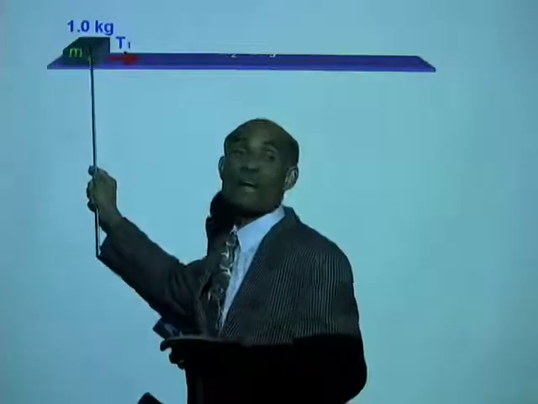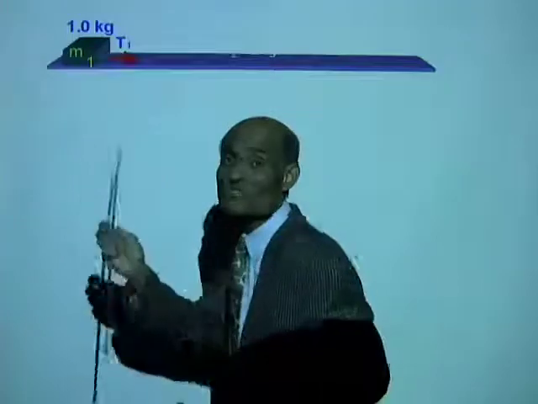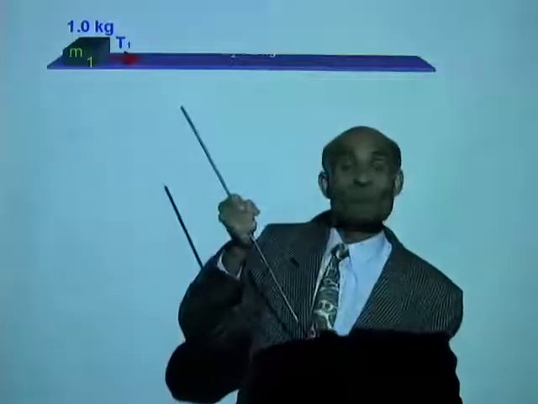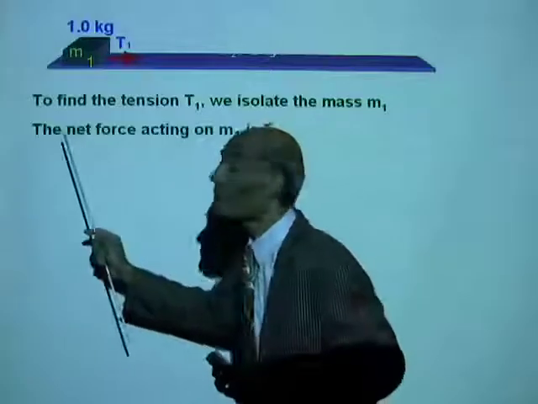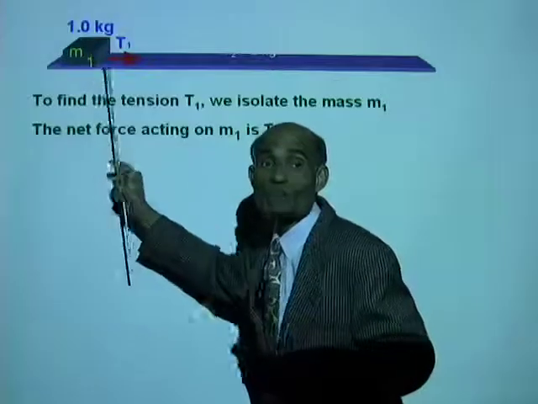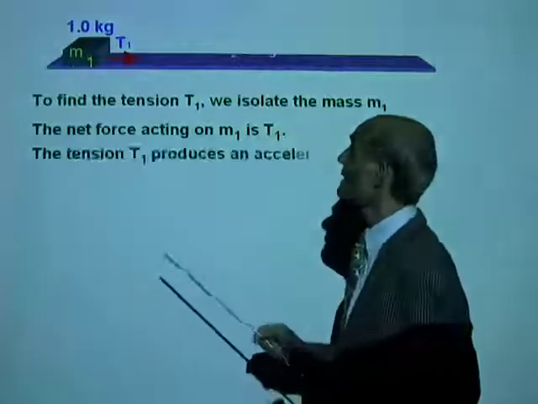Let's take the 1 kilogram mass, the one at the very back. The only force acting on that is the tension T1 pulling it forward. Is that right? That's right. So F net on this mass is T1.